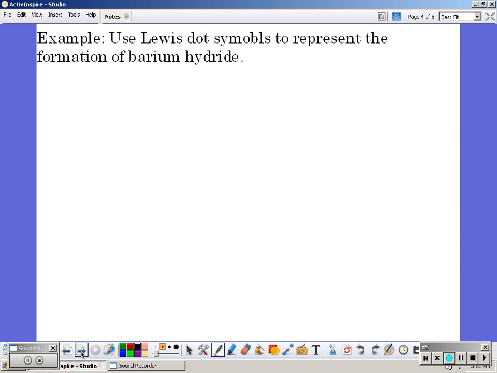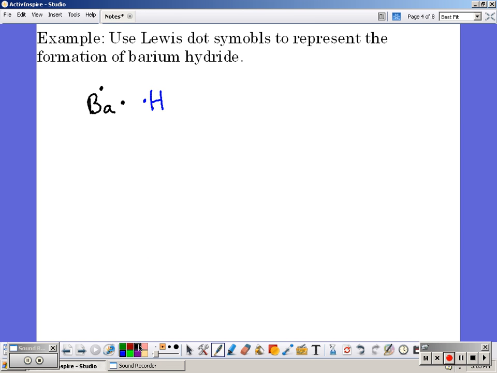For example, for Lewis dot symbols, let's represent barium hydride. Barium is in group 2, so it has 2 valence electrons. Hydride refers to our element hydrogen, which only has 1 valence electron.